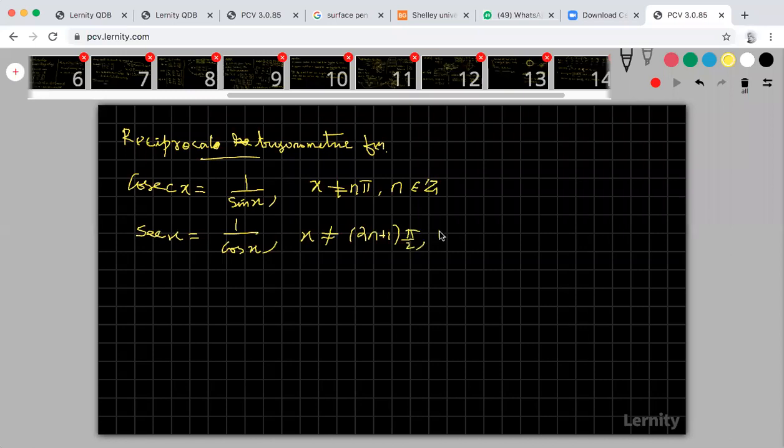My n is an integer, n belongs to integer. And similarly, cot x. My cot x is equal to 1 by tan x. My x is not equal to n pi, n is an integer.